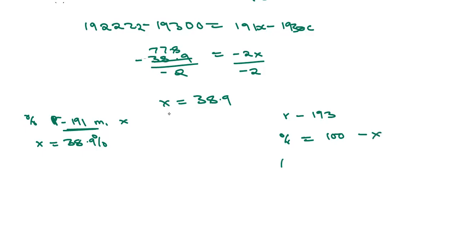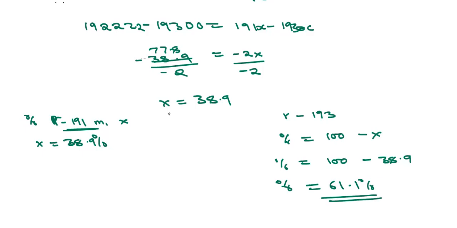So we say 100 minus 38.9, and once you subtract that, you get 61.1%.